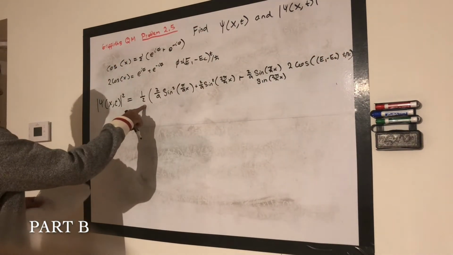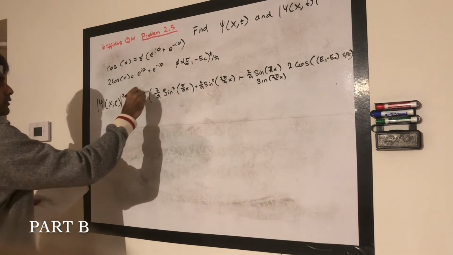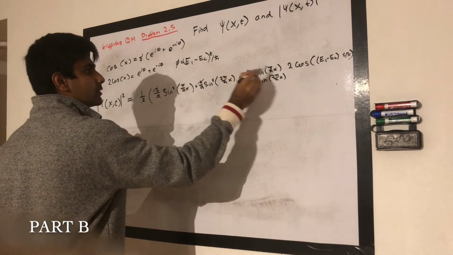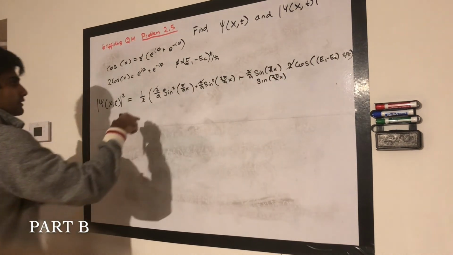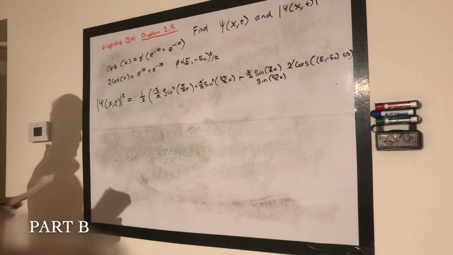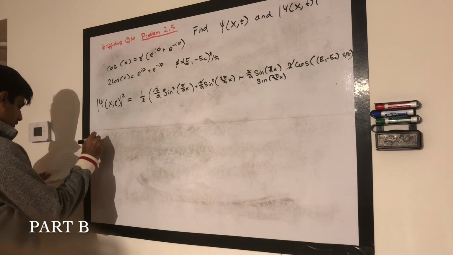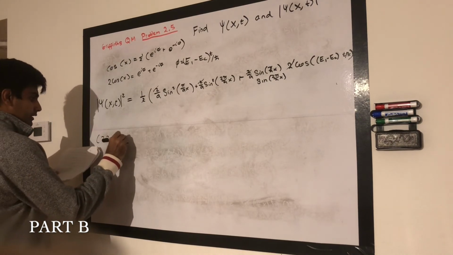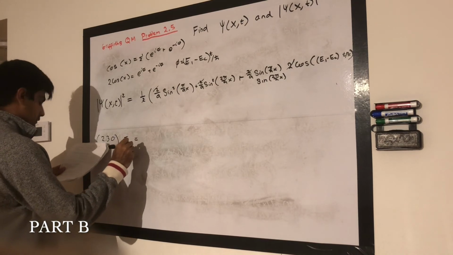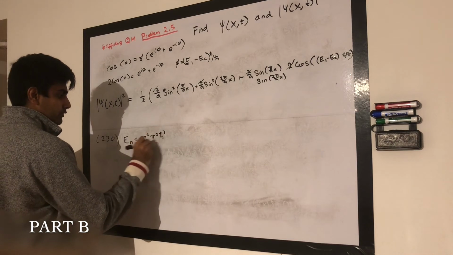So here we've just got the half from our normalization factor, and they cancel out with all the other terms, and we can factor out to get 1 over a. So here, after this, notice that from equation 2.30 in your textbook, you have the value of En, which is equal to n squared pi squared h bar squared over 2ma squared.